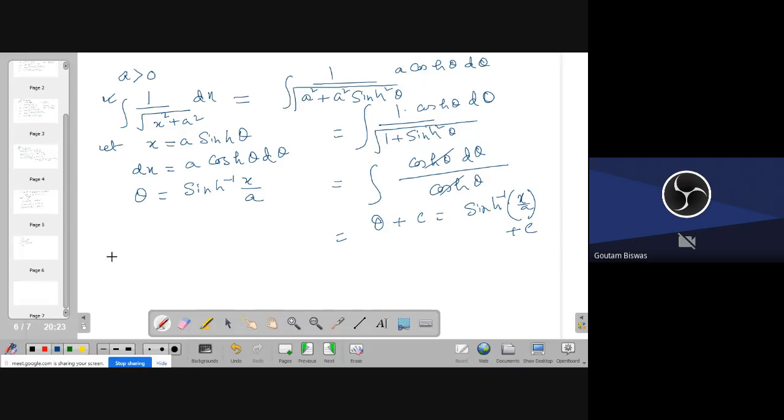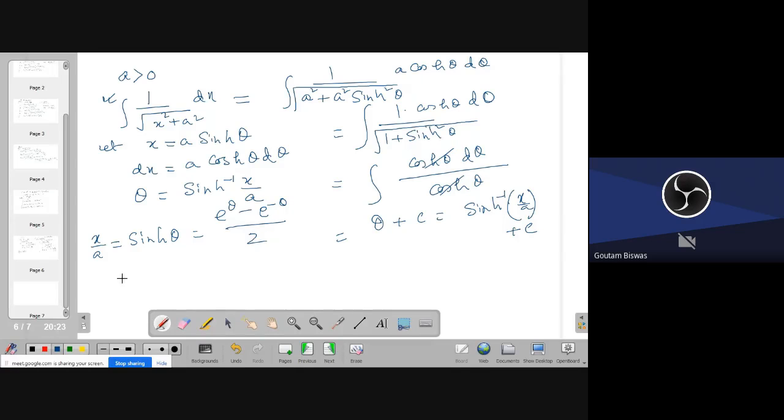That you can do. x by a is equal to sin h theta, and sin h theta is nothing but e to the power theta minus e to the power minus theta by 2.